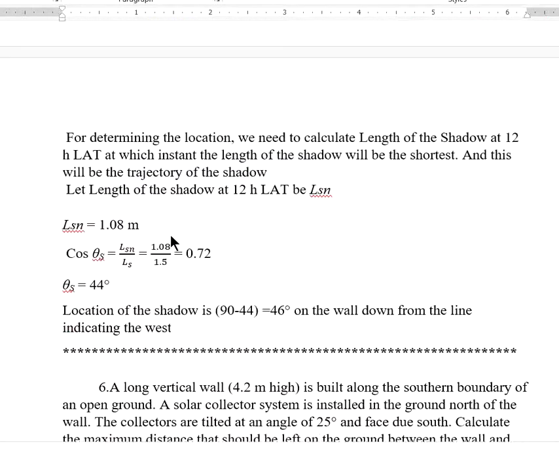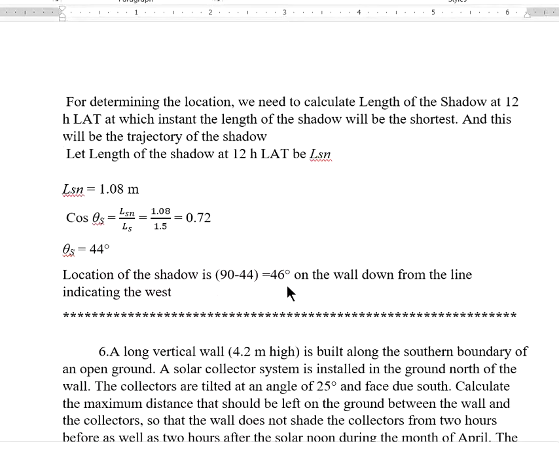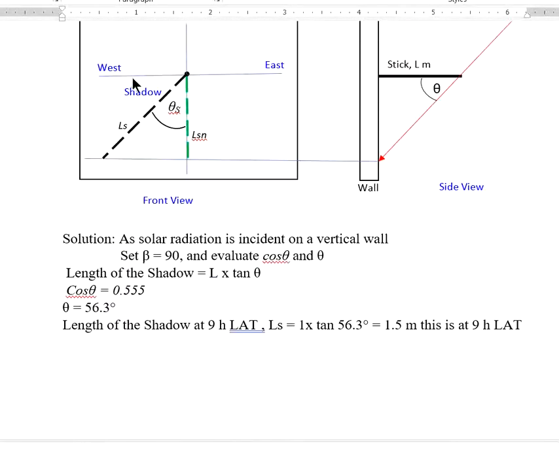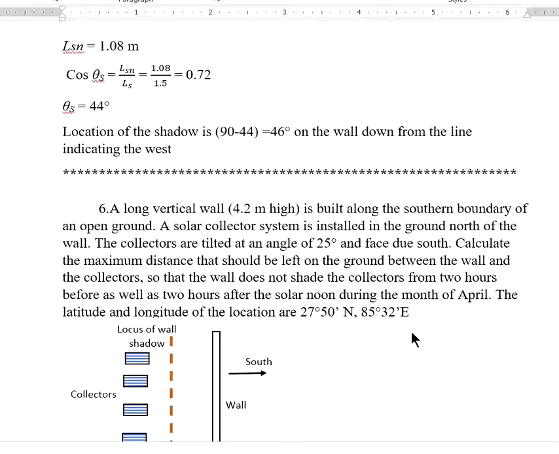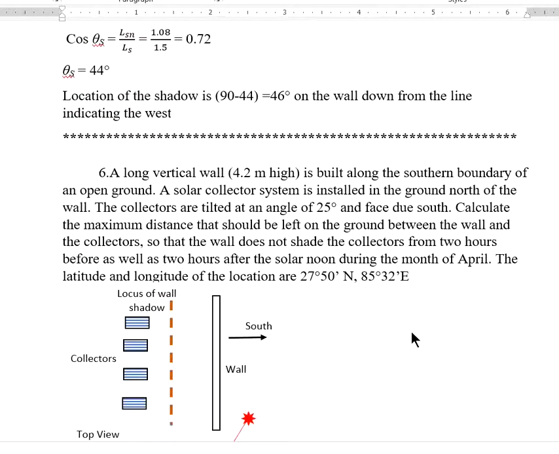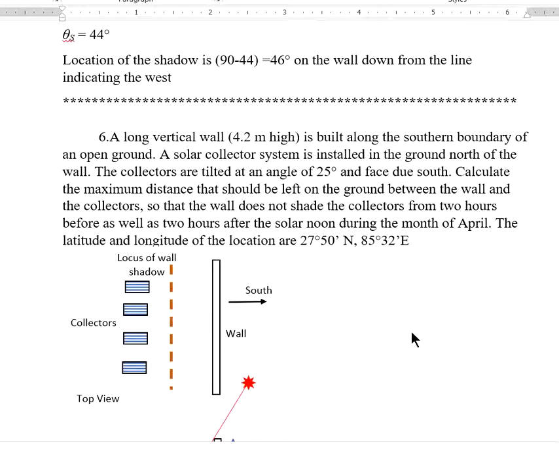So the location of the shadow is 46 degrees on the wall side, down from the line showing west, and the length of the shadow is 1.5 meters. So this is one problem. I am just sharing the strategy of the solution and some figures; detailed solutions can be obtained by working them out on your own Excel sheets.